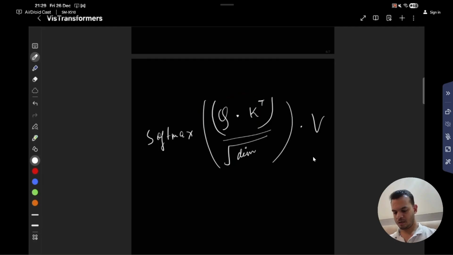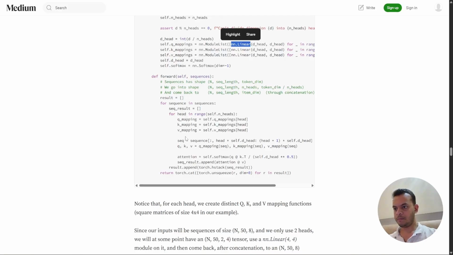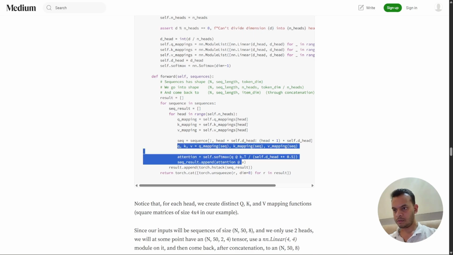You can see this same process happening here, right?